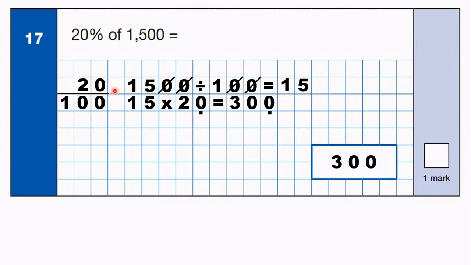A quicker method might have been to realise that we'll get the same answer with any fraction equivalent to 20 hundredths, and we can simplify that to 1/5 by dividing both the numerator and the denominator by 20. Then to find our answer, we just need to divide by 5.